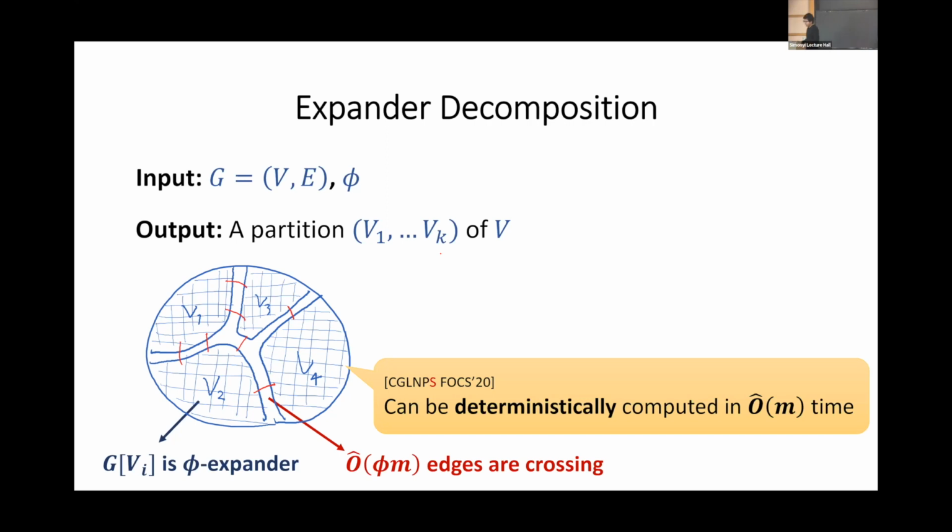But now we can compute it deterministically in almost linear time. There is a separate paper where I show how to do this in the randomized way, and you just pay polylog factors here and there. But for deterministic, you still need to pay n to the little o(1).